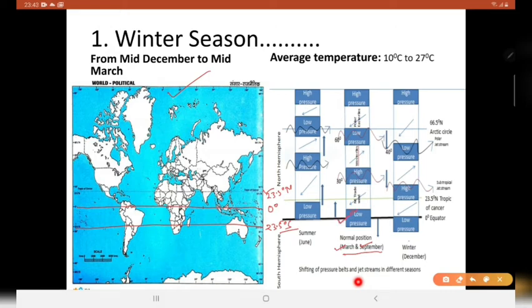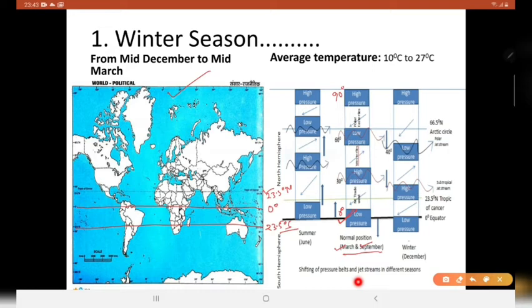At this time, there remain alternate low and high pressures at 0 degree, 30 degree, 60 degree and 90 degree latitudes.